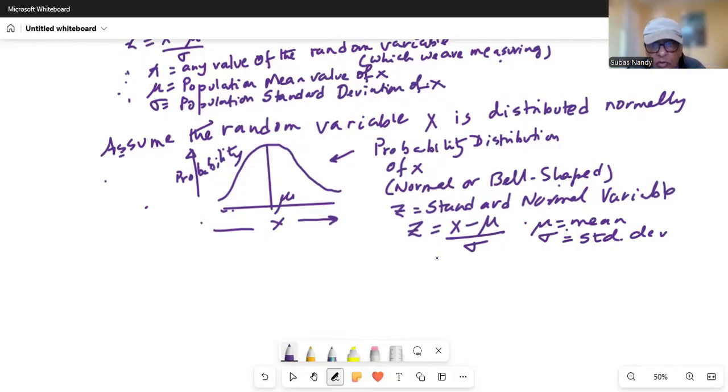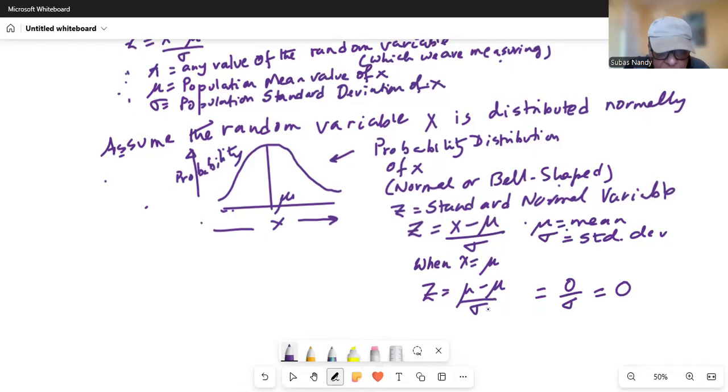So when x is equal to mu, that is at the center, z is equal to mu minus mu divided by sigma, or 0 divided by sigma, and 0 divided by anything is 0. So z is 0 when x is equal to mu.